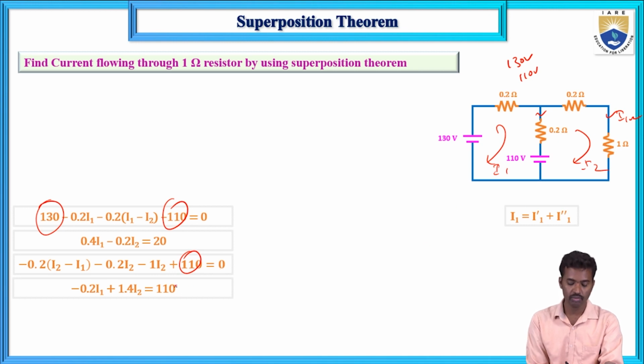Same equations with both sources active: minus 0.2 I1 plus 1.4 I2 equals 110. Solve these two equations: this is 96.1 and this is 92.3.